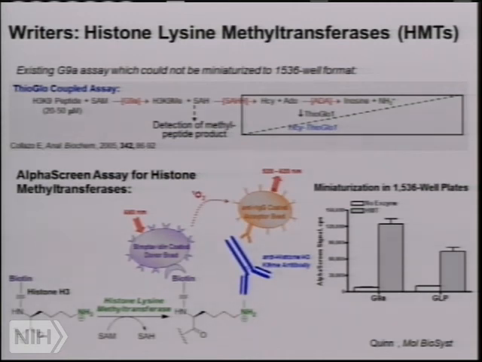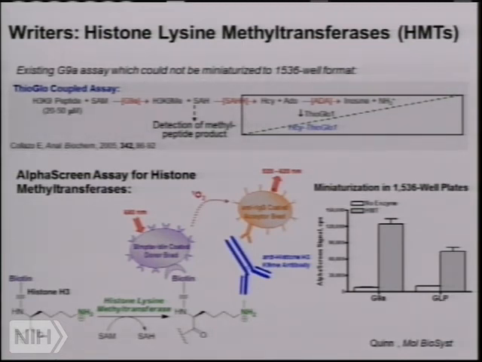Short peptide upon the action of histone methyltransferase, in this case, one methyl group is added to produce monomethylated histone peptide. This is recognized by specific antibody. There are a lot of such antibodies available through various vendors with different specificities. In this case, it's monomethyl H3K9 specific antibody.